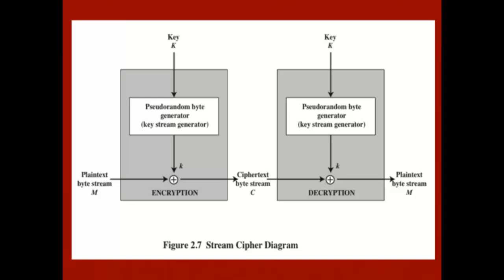The pseudo-random stream is unpredictable without knowledge of the input key and has an apparently random character. The output of the generator, called a key stream, is combined 1 byte at a time with the plaintext stream using the bitwise exclusive OR operation.